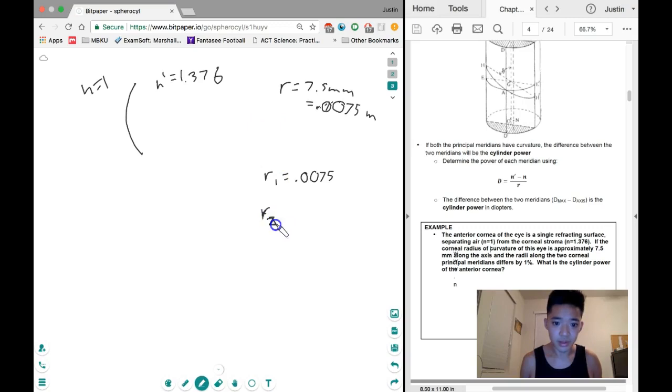This is how I like to look at it. When I see a 1% difference, I think, well, I'm going to multiply it by 1.01, because the 1 accounts for itself.